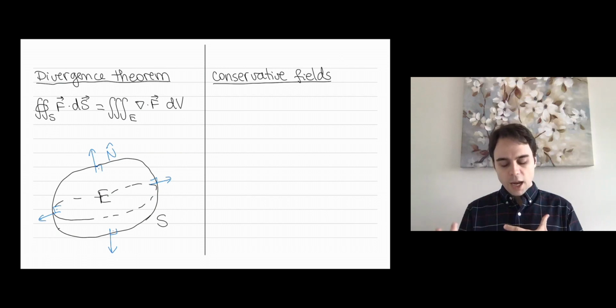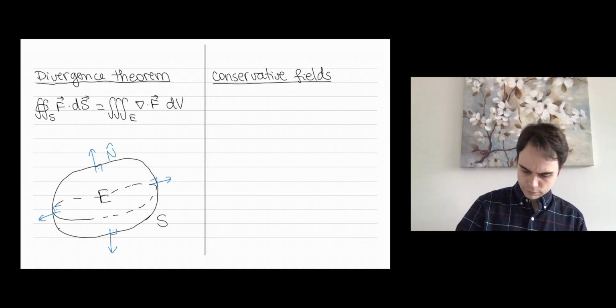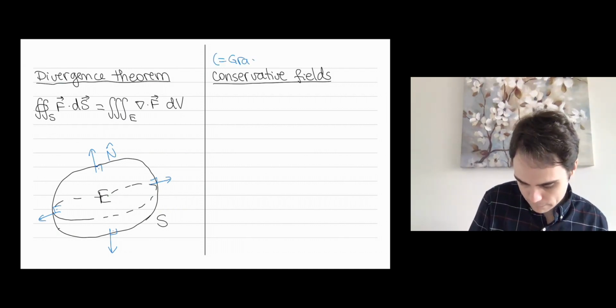But we later learned that that's the same as saying that the vector field is the gradient of a function. So a vector field is conservative exactly when it is a gradient field.